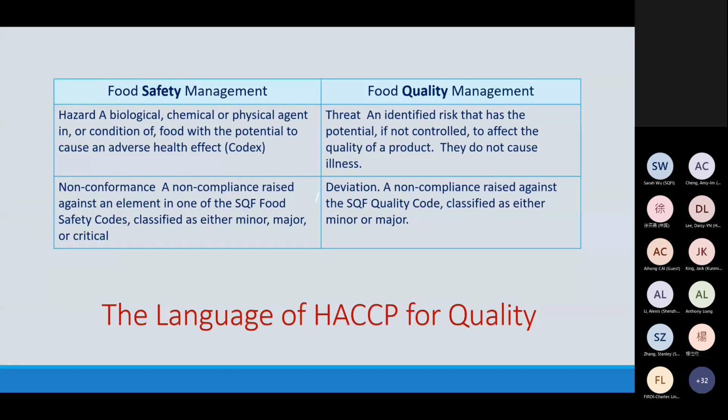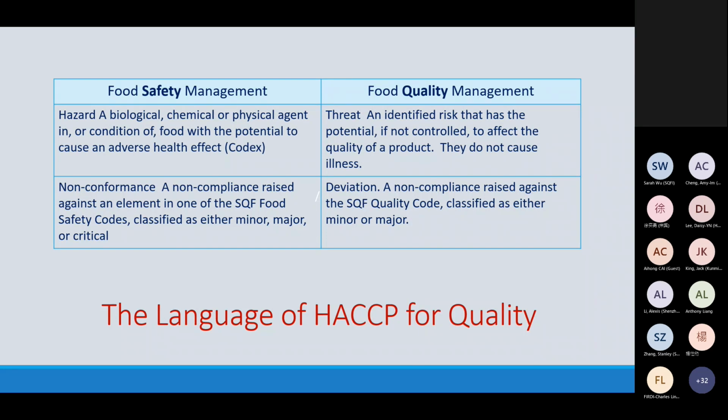We do change the language a little bit. In food safety management, we talk about a hazard, which is a biological, chemical, or physical agent in or condition of food with the potential to cause an adverse health effect, and that's a Codex definition.